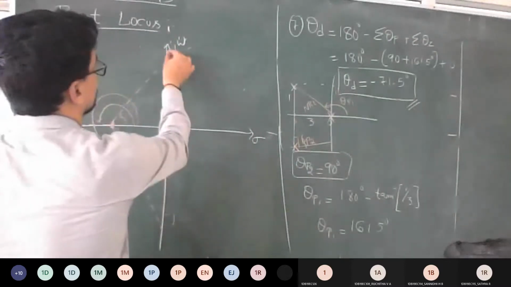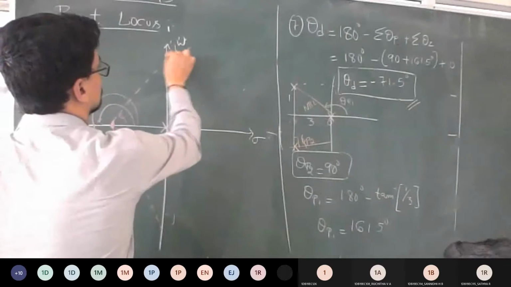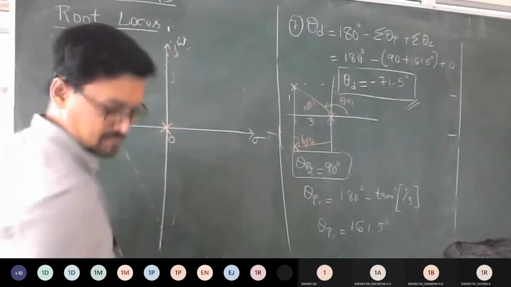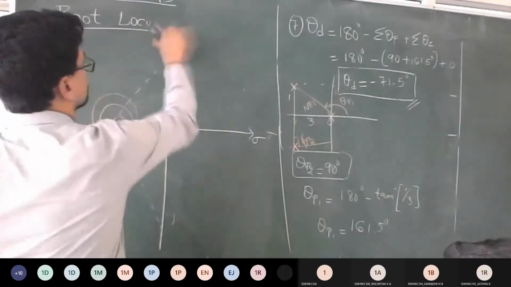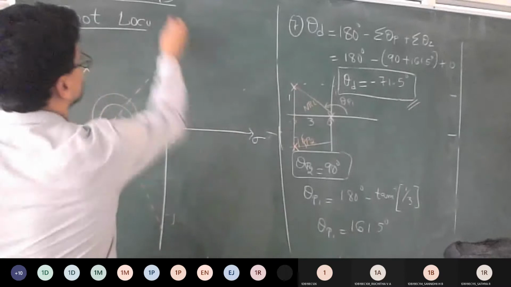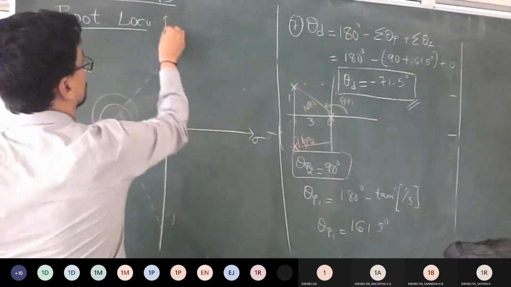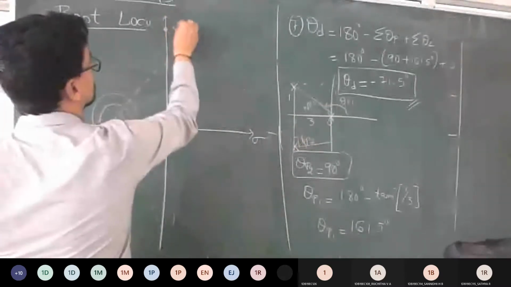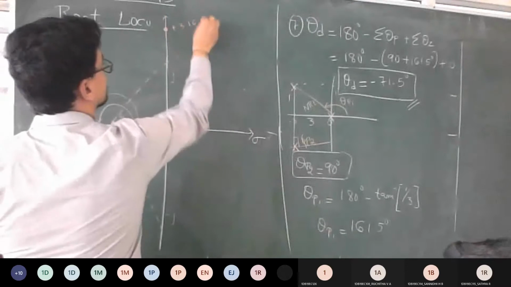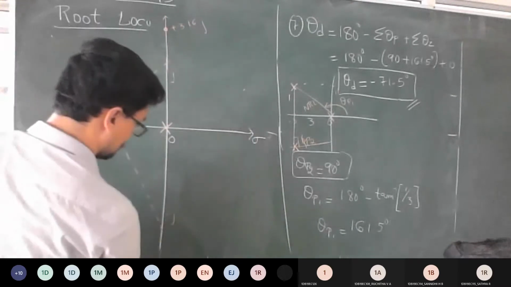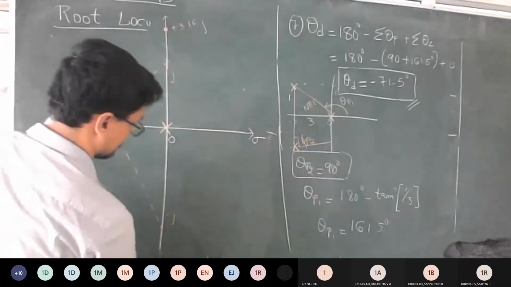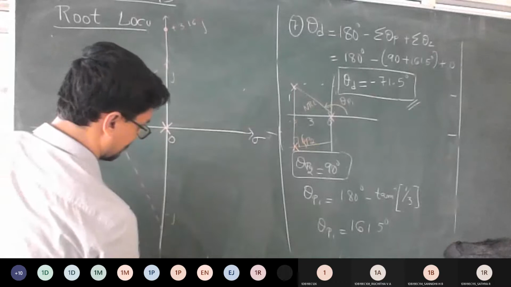So if you take somewhere here, plus 3.16j. Similarly below, minus 3.16j.